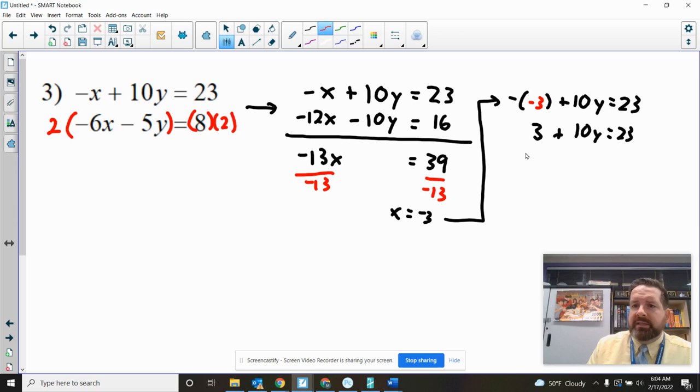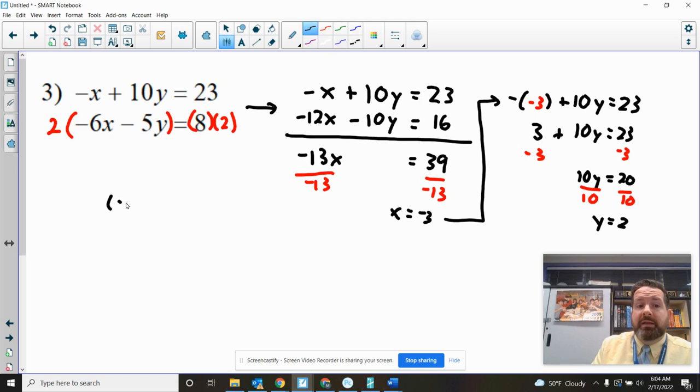Let's then subtract. So 10y equals 20. And divide. So that we have y equals 2. So my solution then, I think, is -3 for the x and 2 for the y.